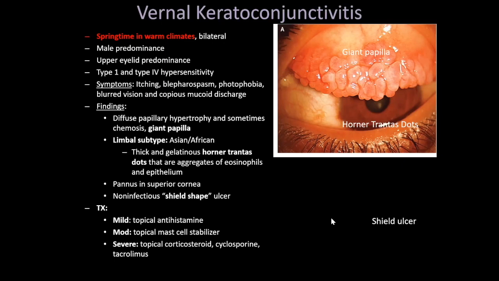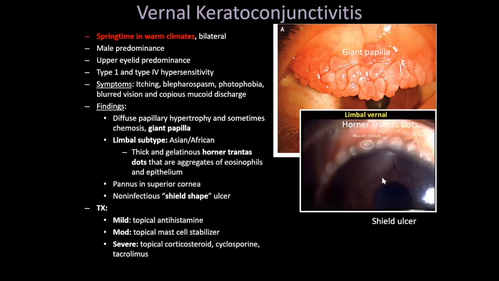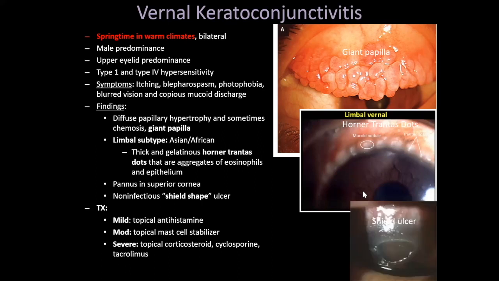The treatment is with topical antihistamines, mast cell stabilizers, corticosteroids, and for refractory cases, we have to use cyclosporine and tacrolimus. This shows the limbal type with corneal Trantas dots, and then this is a shield ulcer.